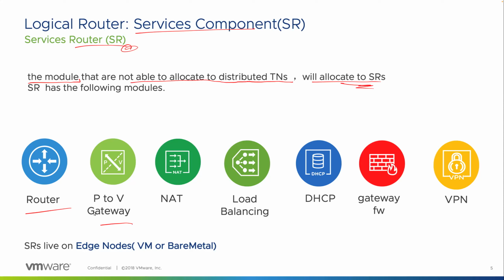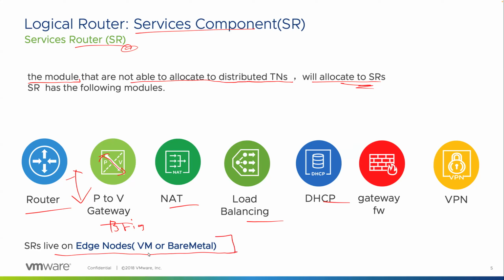For example, we have north-south routing. We have a gateway, bridging, NAT, load balancing, some gateway firewall, and VPN. Those are centralized services. We have to have them live on the edge node.